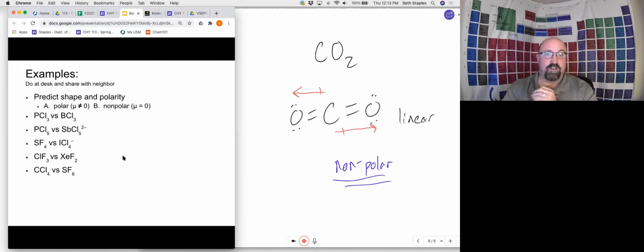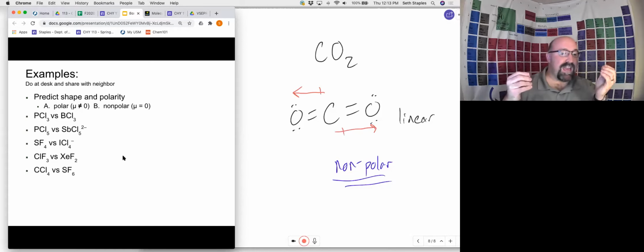Remember to take the charges into account in your Lewis structure. Go through these in practice. Try to find the shape, try to find the polarity, ultimately trying to find out if the entire molecule is nonpolar or polar. Try those out, see what you can come up with. And as always, if you have any questions, feel free to shoot me an email, let me know. But we are going to end there for today.